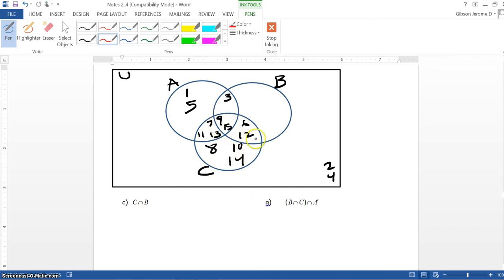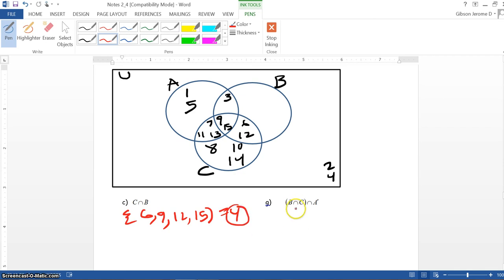If you notice, they intersect here at 9, 15, 6, and 12. So let's put 6, 9, 12, and 15. So they intersect at 6, 9, 12, and 15. So its cardinal number is 4.